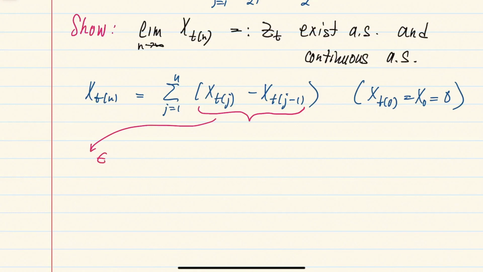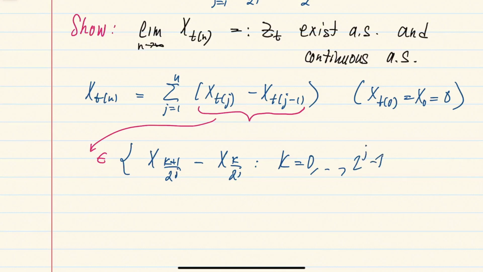They will belong to the set of all increments of the form X_{(k+1)/2^j} minus X_{k/2^j}, for k from 0 to 2^j minus 1. That's because t_j and t_{j-1} can be written as dyadics with denominator 2^j, and the only difference can be in the numerator, which can differ by 1 at most.